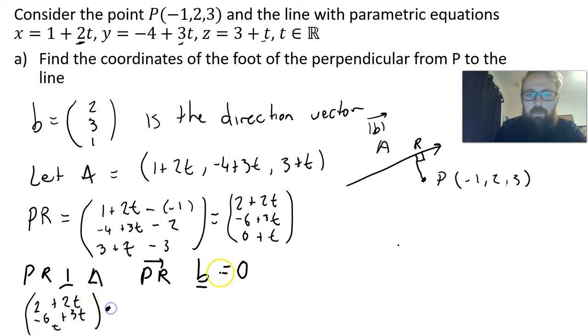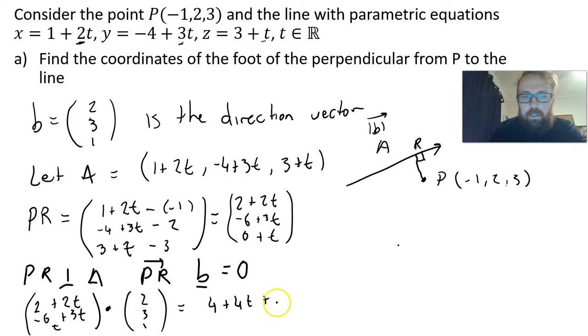We take the dot product with B, which is (2, 3, 1), the direction vector. It's going to equal 0, but let's expand it first. For the dot product, you do the first row times the first row, so it's 4 plus 4t, plus second by second, negative 18 plus 9t, and our last one is just plus t.